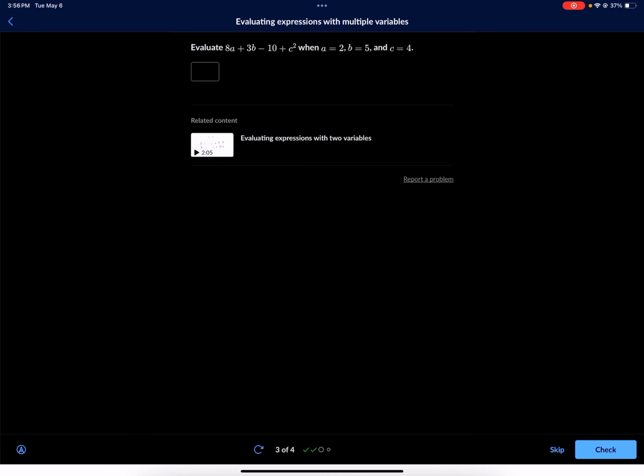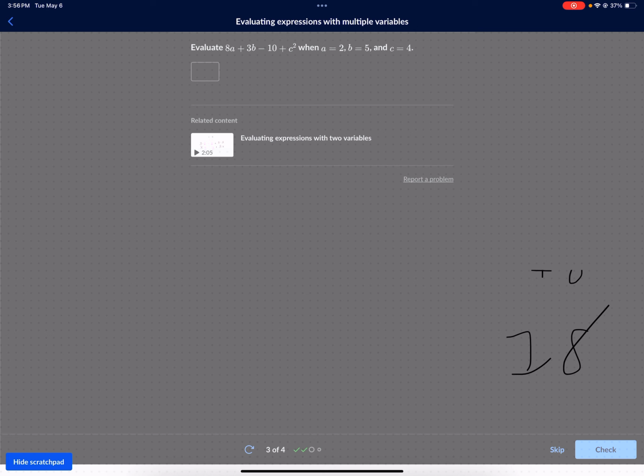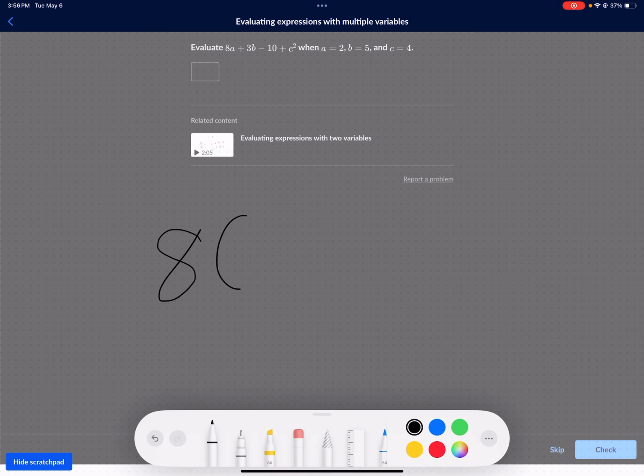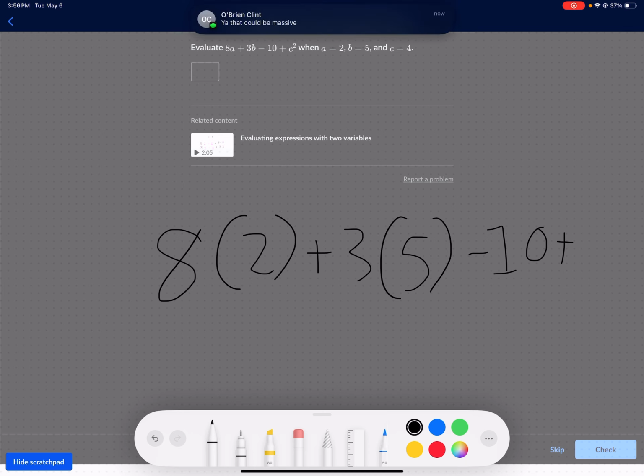Okay, evaluate 8a plus 3b minus 10 plus c squared when a is 2, b is 5, and c is 4. So let's plug in all our numbers. 8 times 2 plus 3 times 5 minus 10 plus 4 squared.